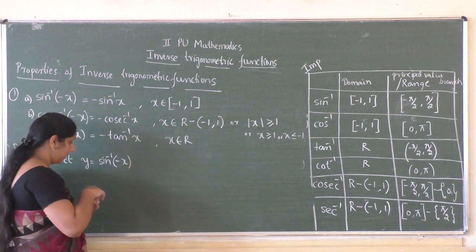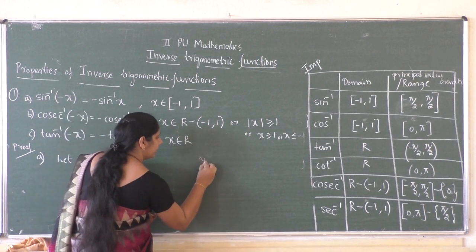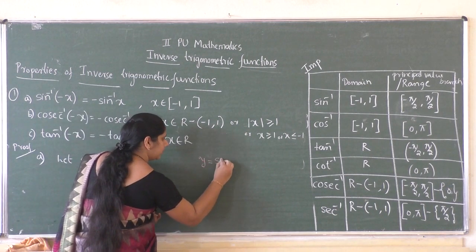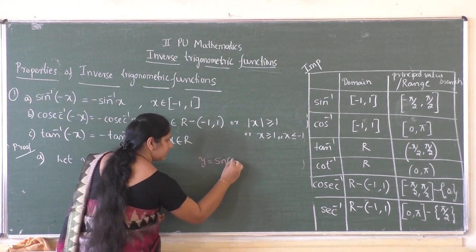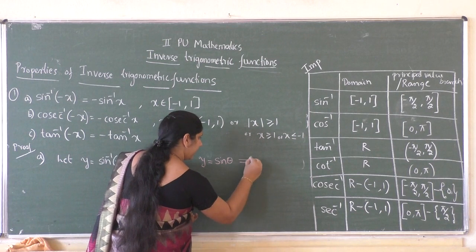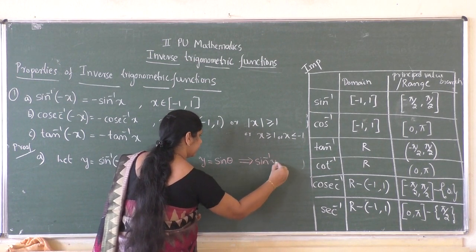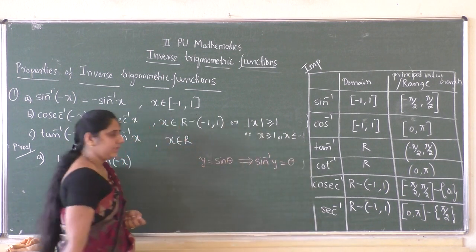In the first class I told one condition, right? If y equal to sine theta, then we can write it like this, that is sine inverse y equal to theta.